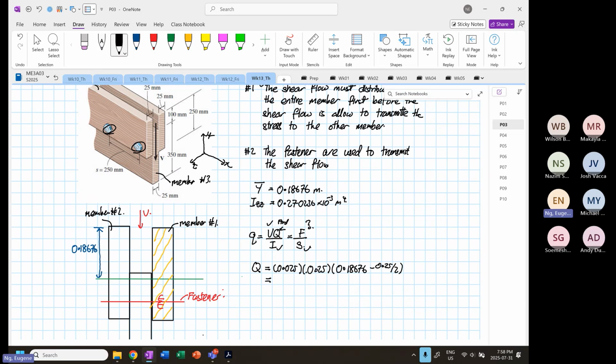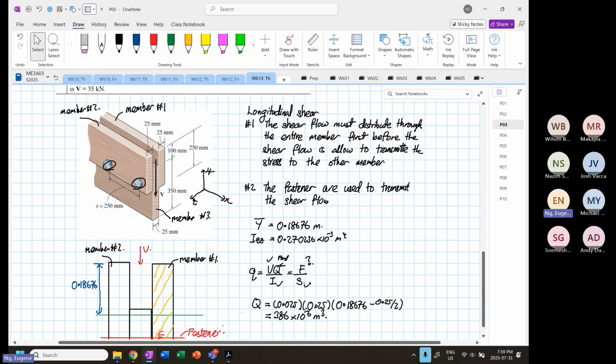So this is equal to (0.18676 minus 0.25 divided by 2) times 0.25 times 0.025, which is equal to 386 times 10 to the power minus 6 meter cubed. Let me do it again. 0.18676 minus 0.25 divided by 2 times 0.25 times 0.025. 386. Okay.